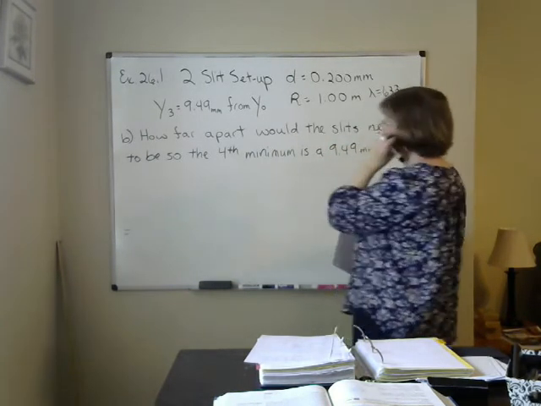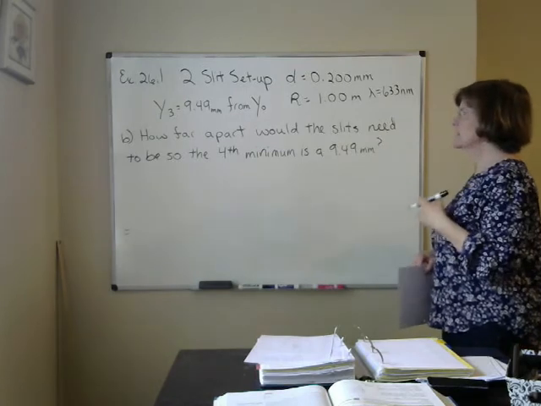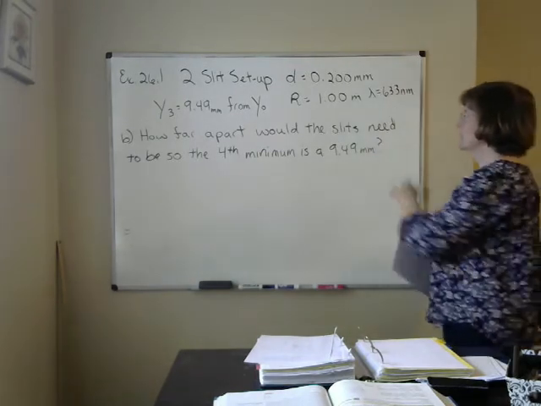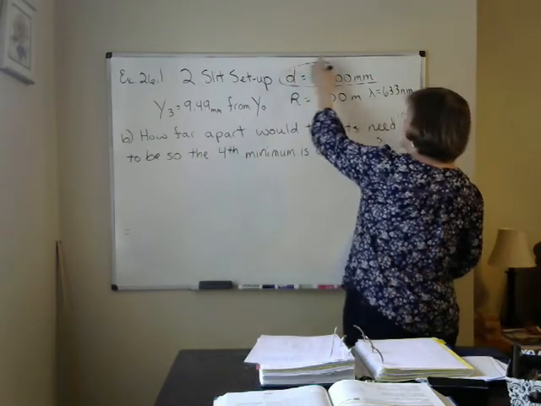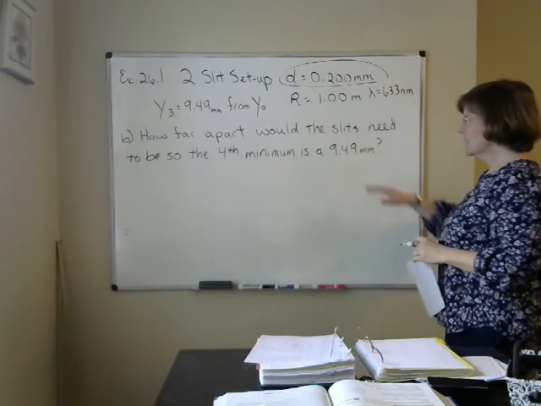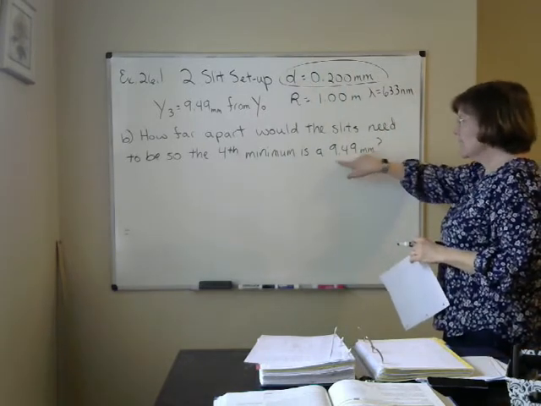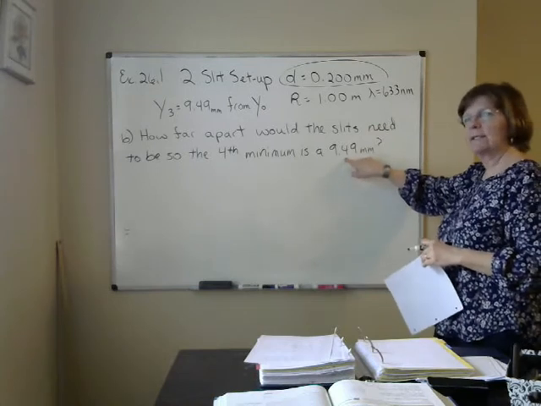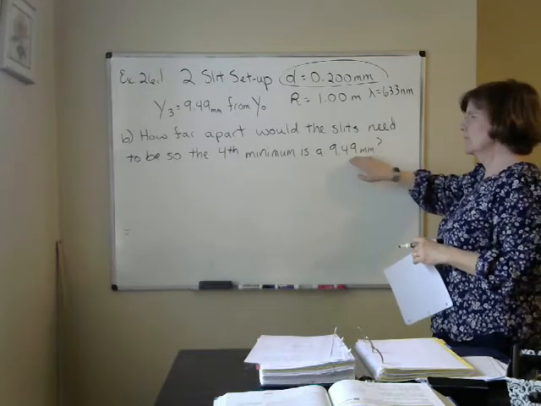If I change the spacing between the slits, this value of D, I can move things so that I get a minimum at 9.49 instead of that maximum at 9.49.